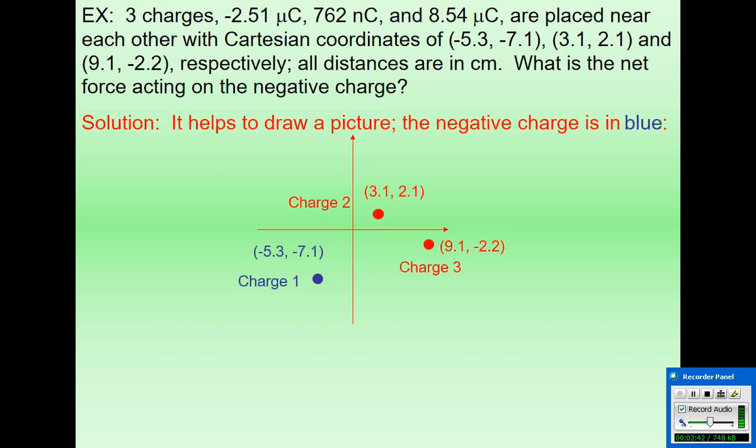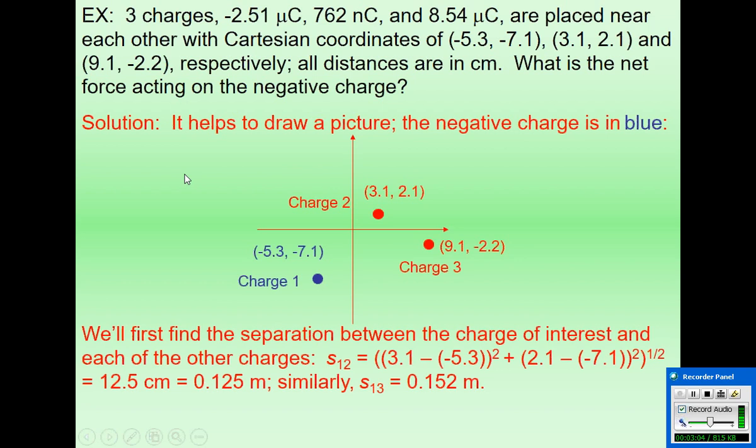I am not looking for the force on charge 2. I'm not looking for the force on charge 3. I'm only looking for the force on charge 1. Well, that means that I look at the effect of charge 2 on charge 1, and I look at the effect of charge 3 on charge 1. And that's the idea behind superposition, where you treat things separately.